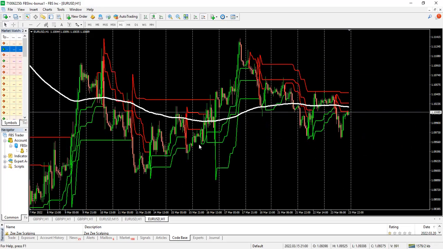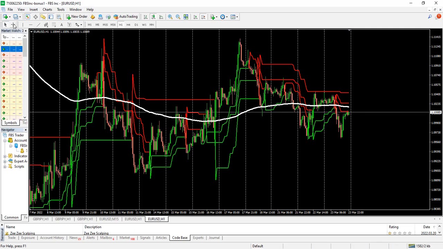I hope you can see my screen. So it tells us that we are entering a buy trade. That's a signal that the market is bullish.